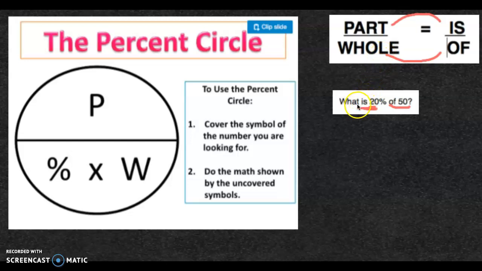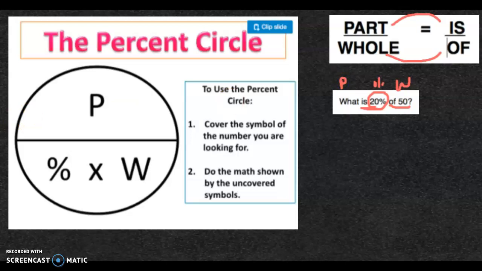So when you see something here like what is 20%, we know that's the percentage. Of 50, so we've got our percentage and we've got our "of 50", which means we have our whole. What we don't have is our part. We're missing our part.